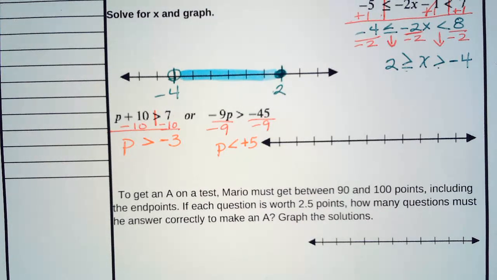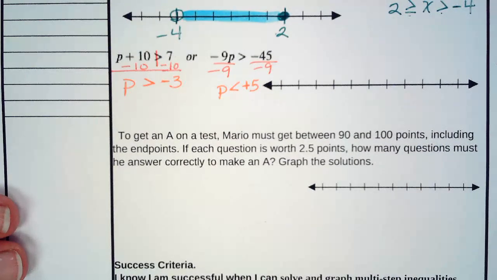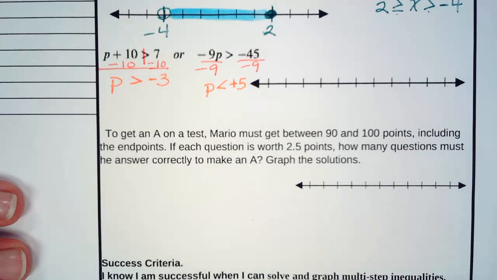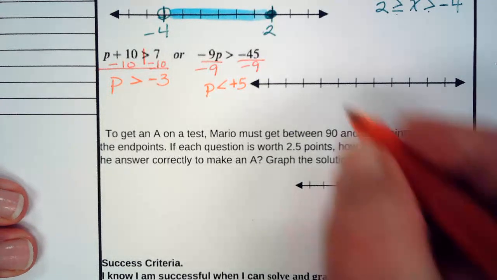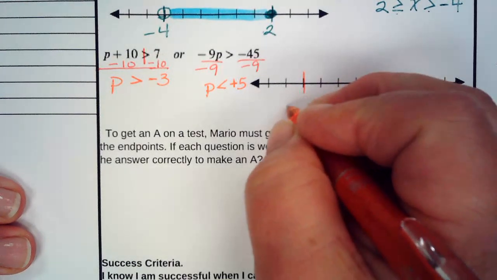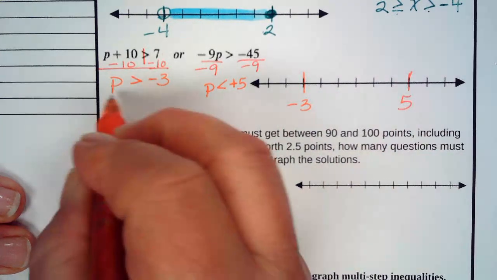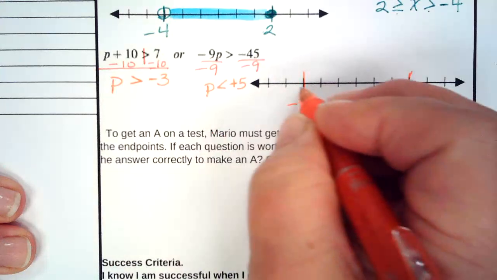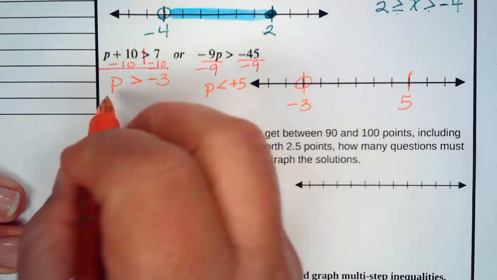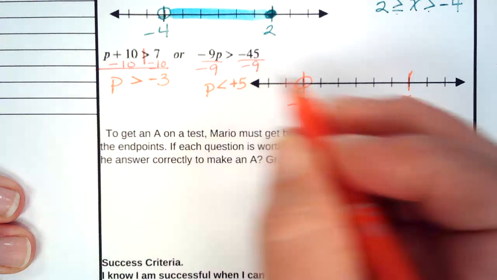Okay, so even though it's an or statement, where is my shading going to be? It has to be one or the other. So I've got, here's -3 and here's +5. -3 is greater than, I know it's an open circle. My P is going to be greater.